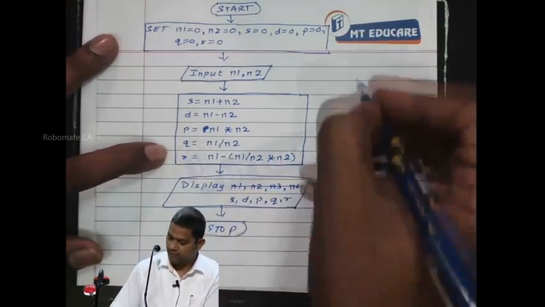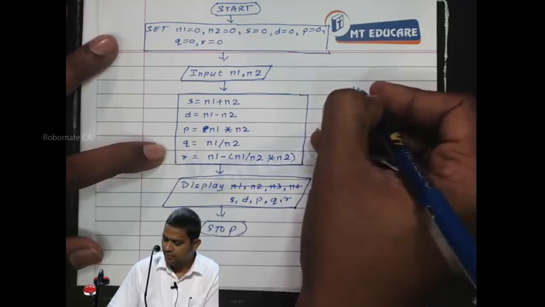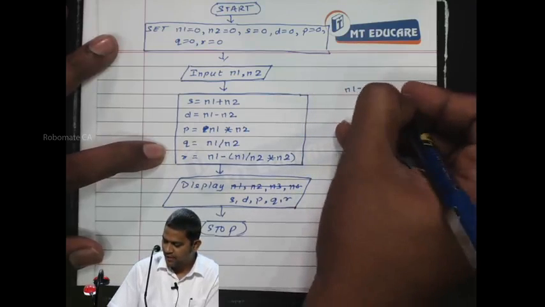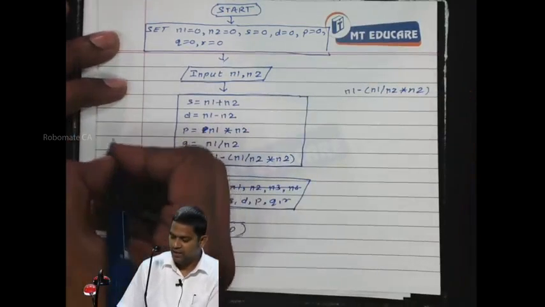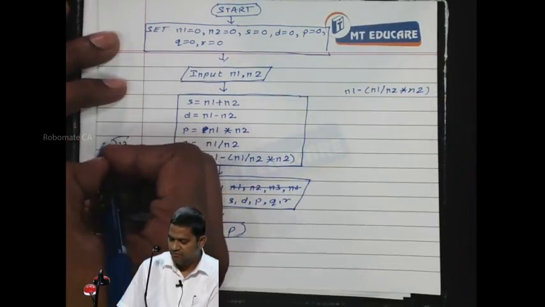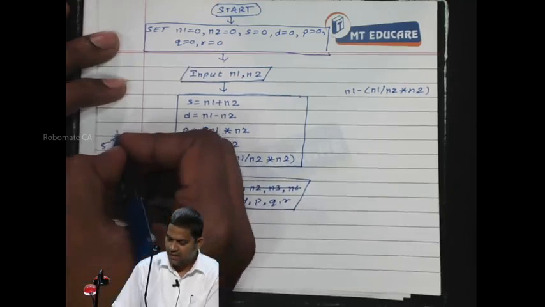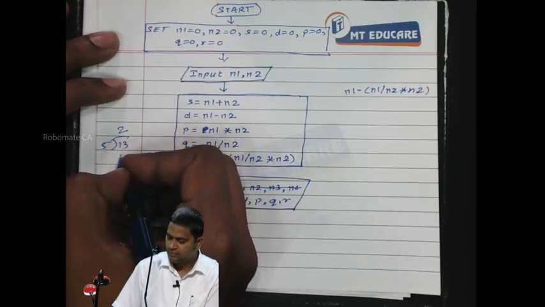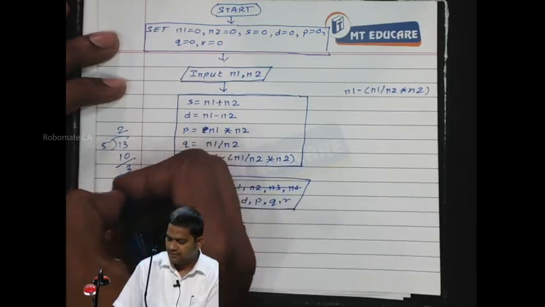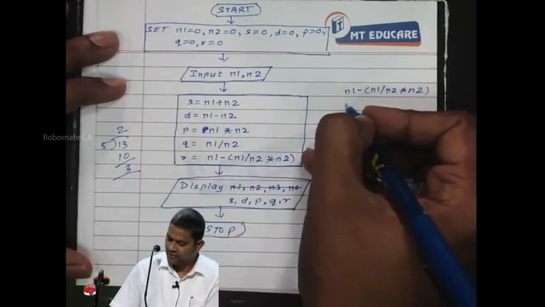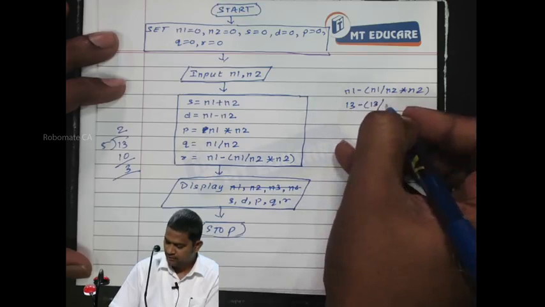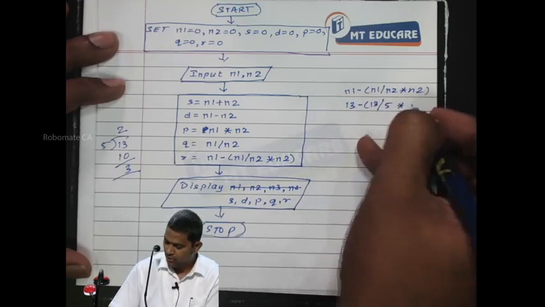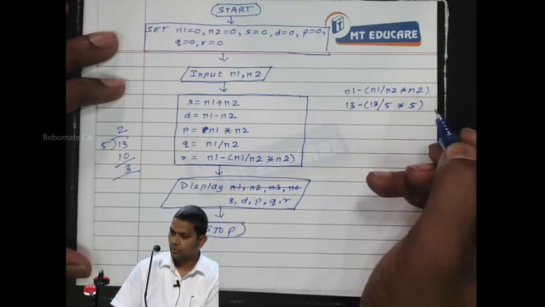How we find the remainder? It is N1 minus N1 divided by N2 into N2. Suppose we are dividing 13 by 5. 5 2 times is 10, remainder is 3. Okay. So N1 is 13 minus 13 divided by 5 into 5.